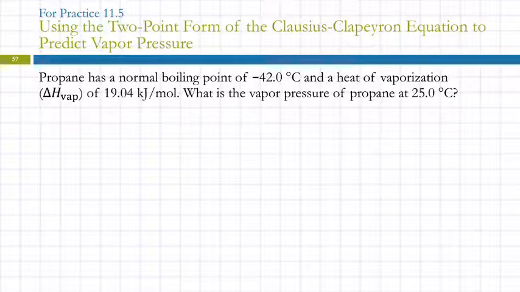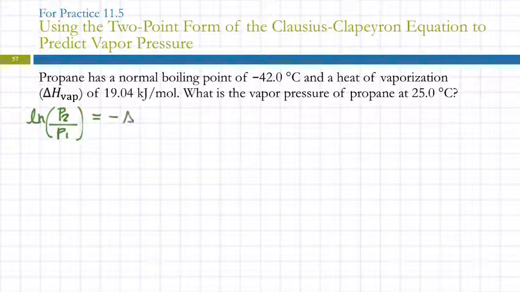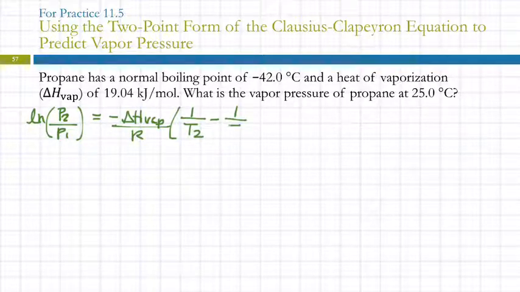So let's write the equation down before we forget what it is. Natural log of P2 over P1 is equal to negative heat of vaporization over R times 1 over T2 minus 1 over T1. So here we have 2 temperatures, and we're looking for a vapor pressure.